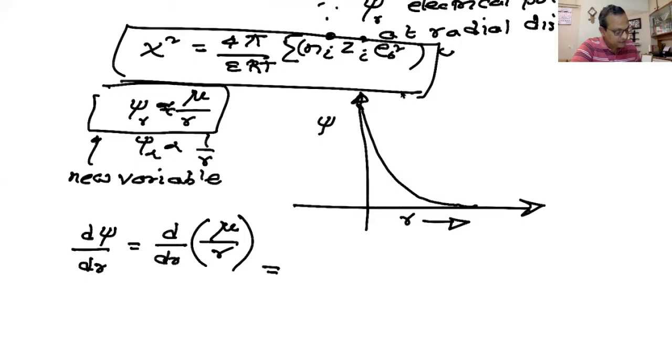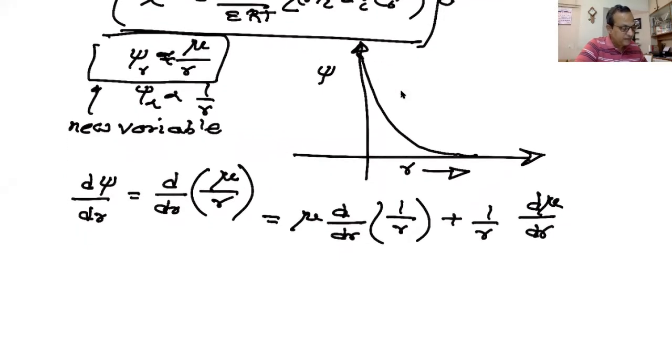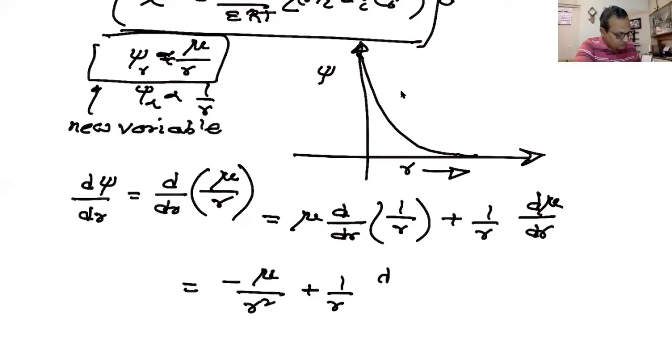What I get is mu d by dr of 1 upon r, plus 1 upon r d mu by dr, you know this already. Okay, 11th standard mathematics. After jumping 1 or 2 steps, what you get is minus mu by r square plus 1 upon r d mu by dr.